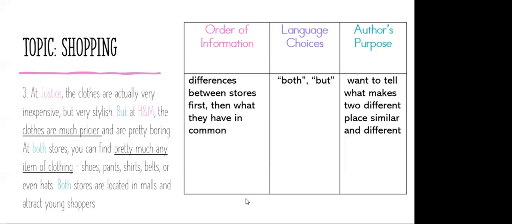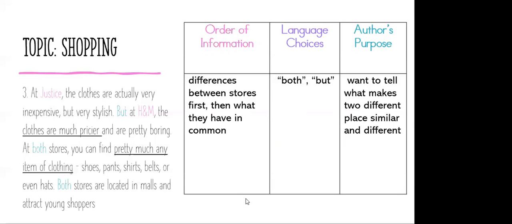Wonderful. In paragraph 3, we notice the difference between stores first, and then what they had in common. The author talked about the difference, about how Justice is inexpensive and very stylish, but in H&M, the clothes are pricier and boring. Those show the differences.